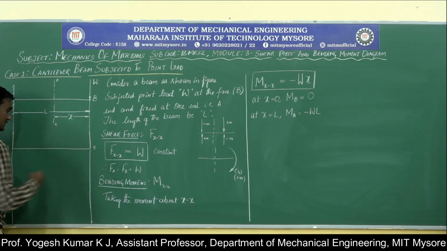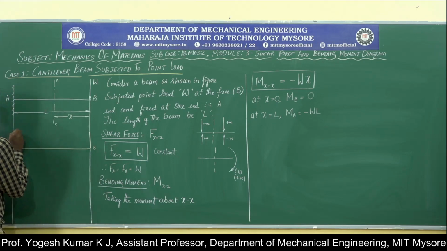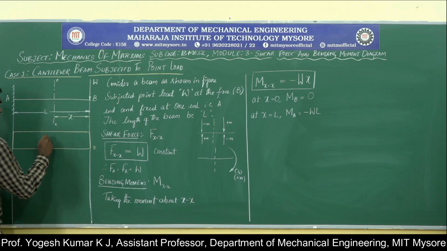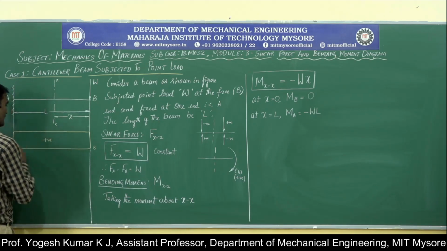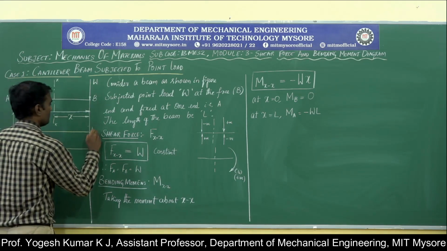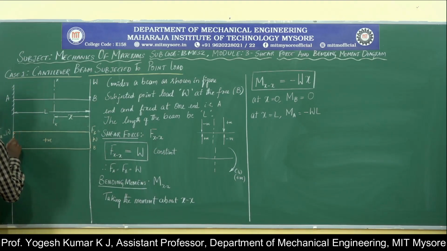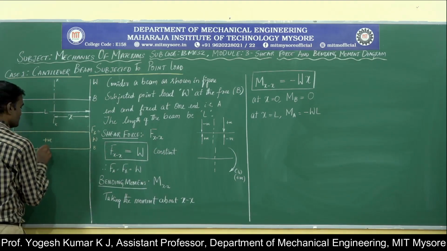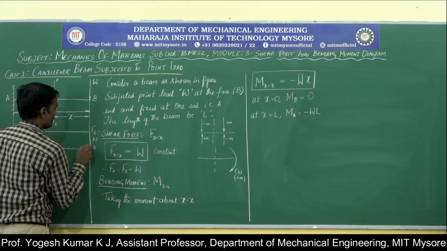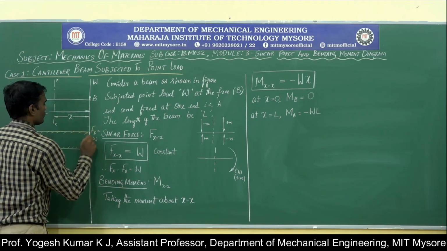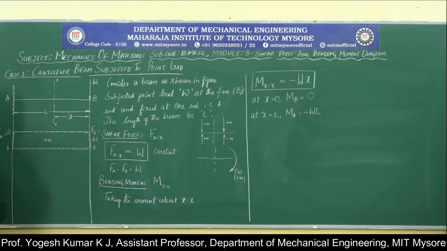So FA equals W, FB equals W. This is the region where the shear force is concentrated, and this portion represents the shear force acting on a cantilevered beam.